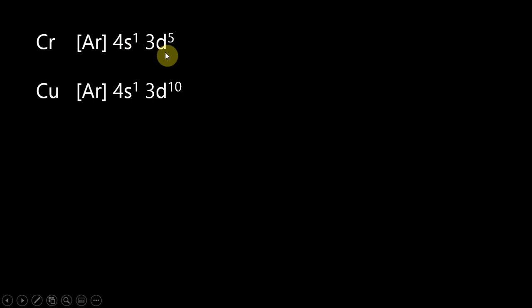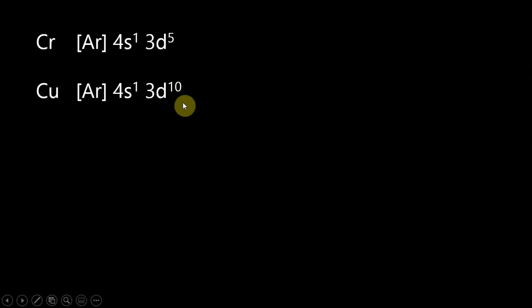Well, what's happened in the case of chromium? We now have 5 electrons. We could have a maximum of 10, but there's only 5 there, so it's half full. In the case of the copper, we can have 10 electrons, and we've actually filled that d orbital right up.